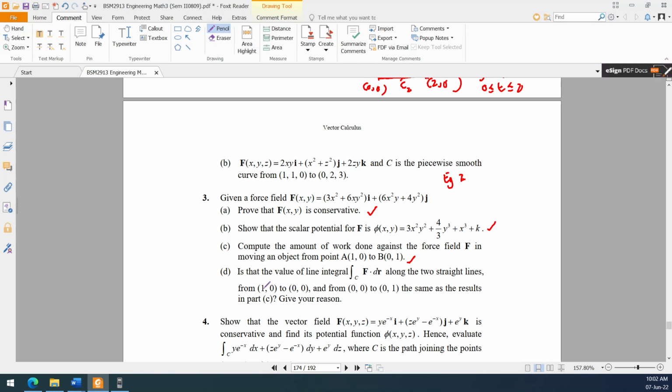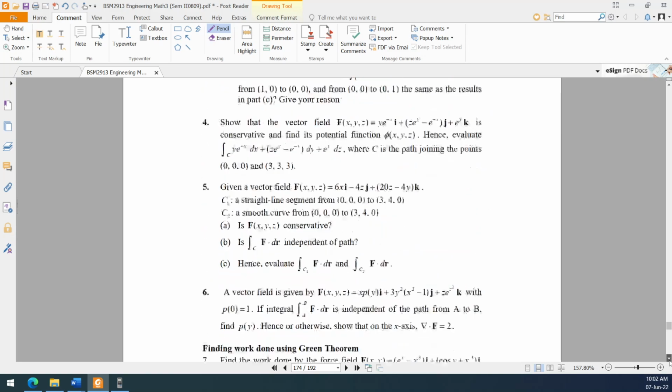You see here, this point is (1,0), (0,0), and this one is (0,0) to (0,1), compared with the result in part C. The starting and ending points here, this one (1,0), this is (0,1), this is (0,0), are different. The starting and ending points are not the same, so the answer is not the same, because even though F is conservative, their starting and ending points are different.